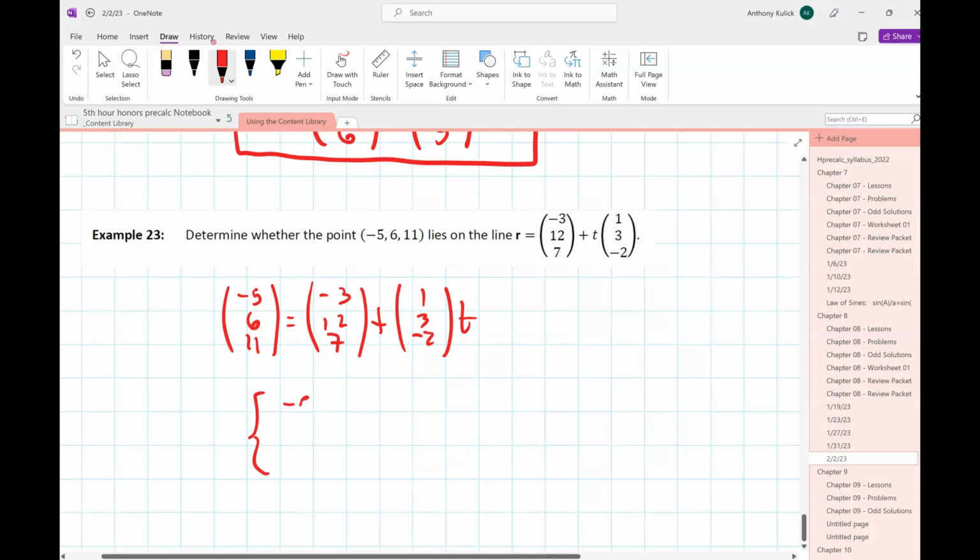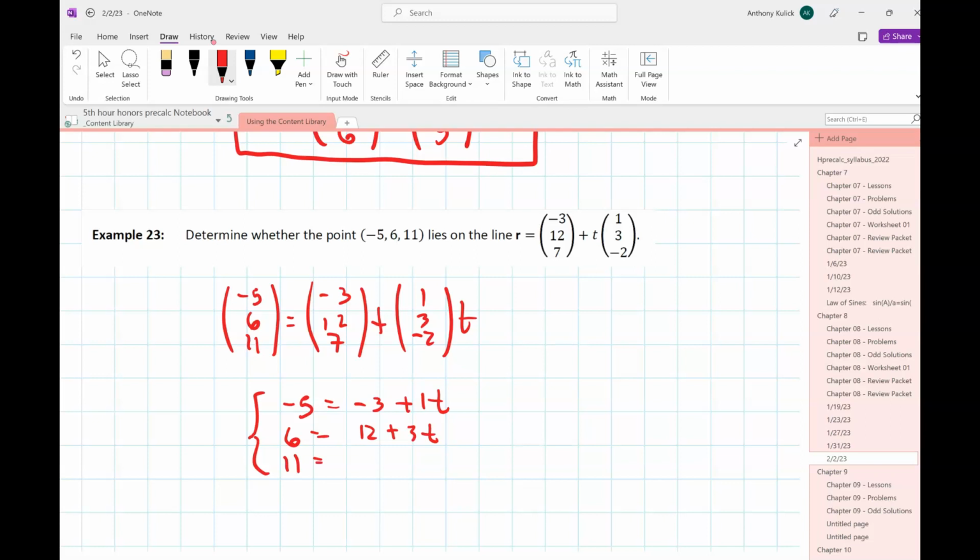We have to see the system -5 equals -3 plus 1t, 6 equals 12 plus 3t, 11 equals 7 minus 2t. So if I add 3 over, t is -2.